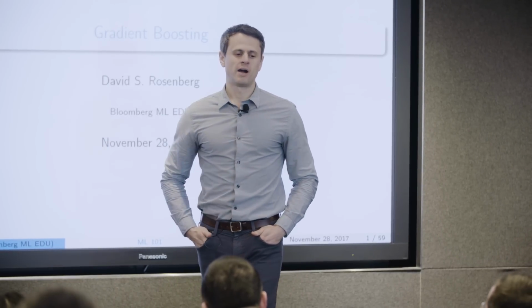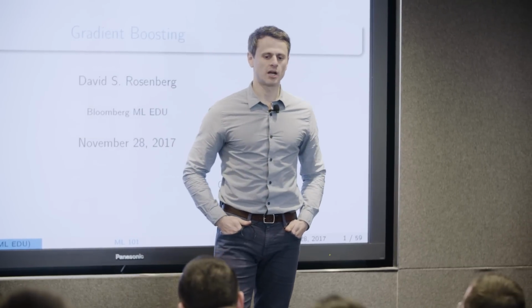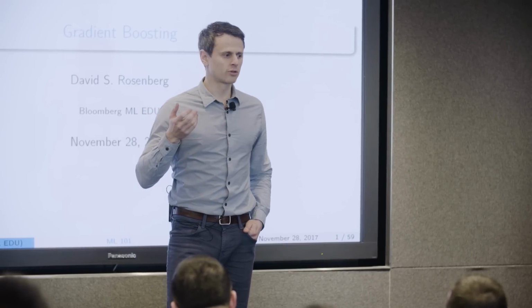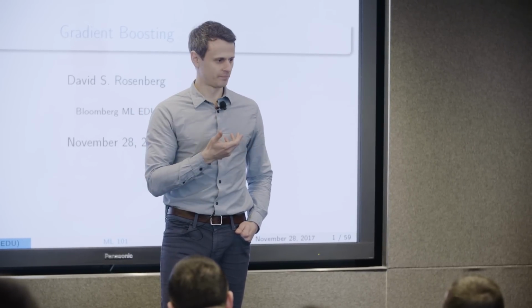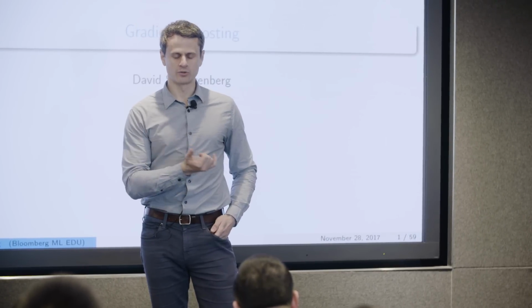Today, we're going to talk about a different type of ensembling approach called sequential ensembles. In a sequential ensemble, the idea is that you build a model, a prediction function to fit your data, and then in some sense, you see where your prediction function did poorly on your training data, and you fit a new model to correct the mistakes of the first one. And then the final prediction would be some combination of those two, typically a linear combination of those two prediction functions.